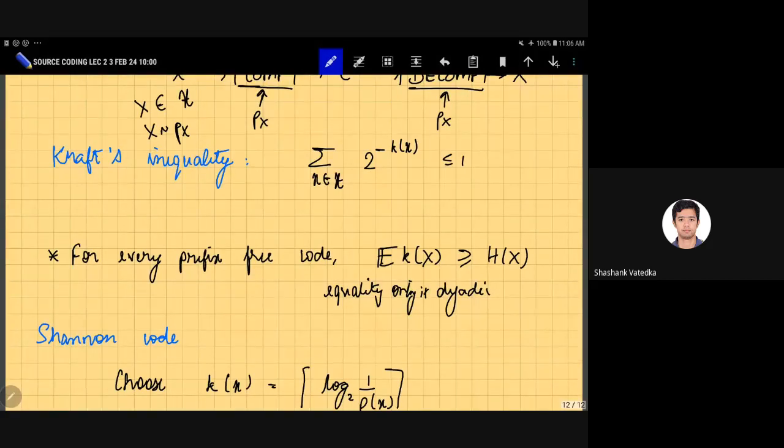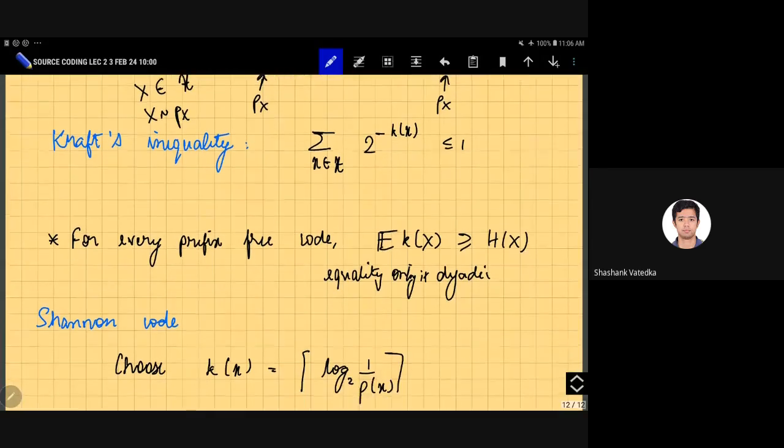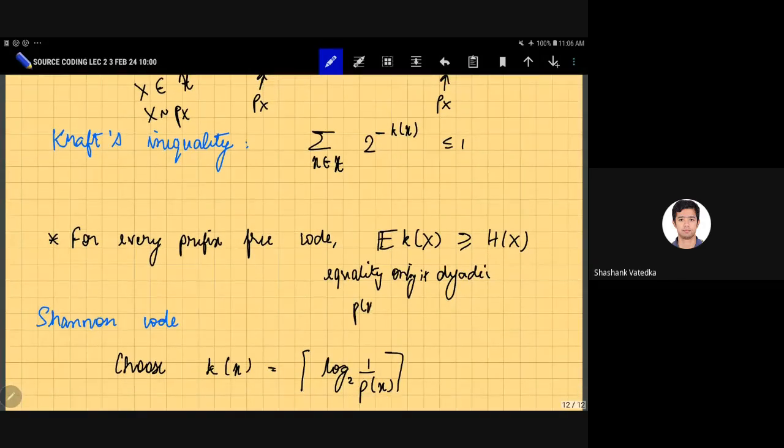So you have equality if and only if k of x is equal to log 1 over P of x. Right? So only if log 1 over P of x is an integer and the corresponding length is equal to log 1 over P of x, you have an equality in this particular case.